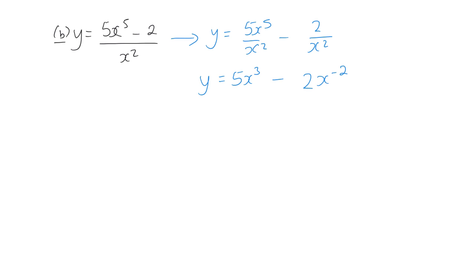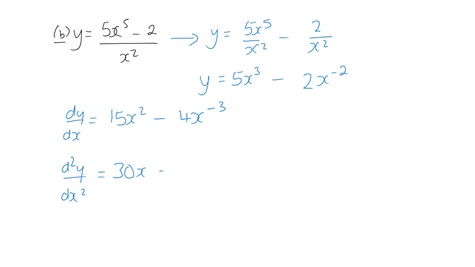So minus 2x to the power minus 2. So differentiate that. We get 15x squared minus 4x to the power of minus 3. Differentiate again. We'll get 30x. Now be careful again with the minuses. This becomes plus 12x to the power of minus 4.